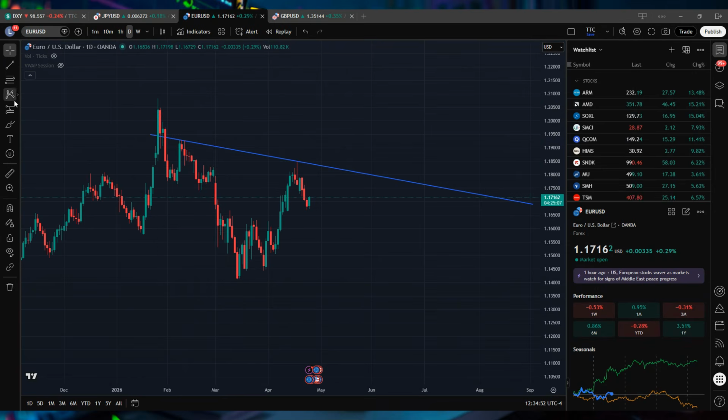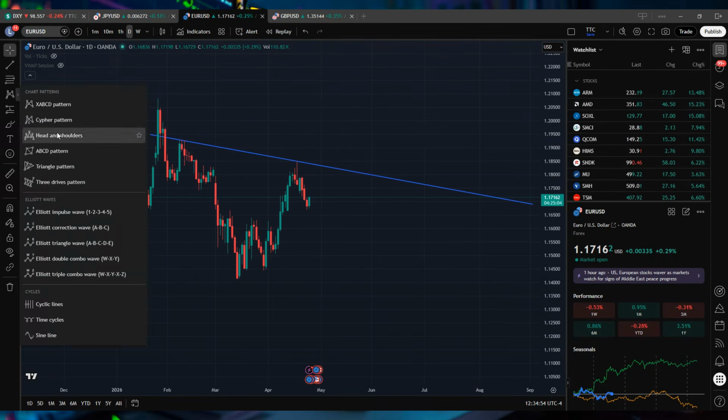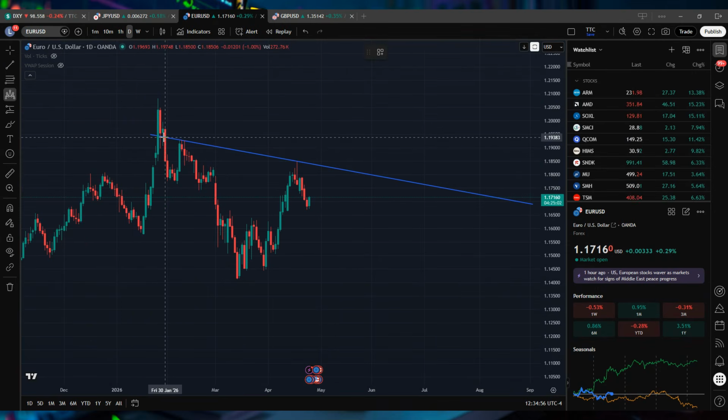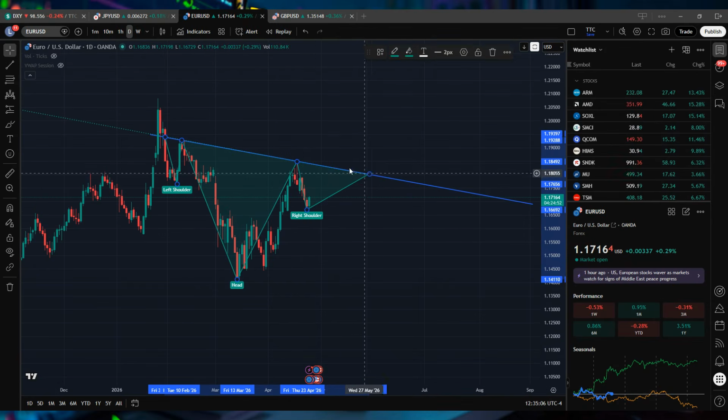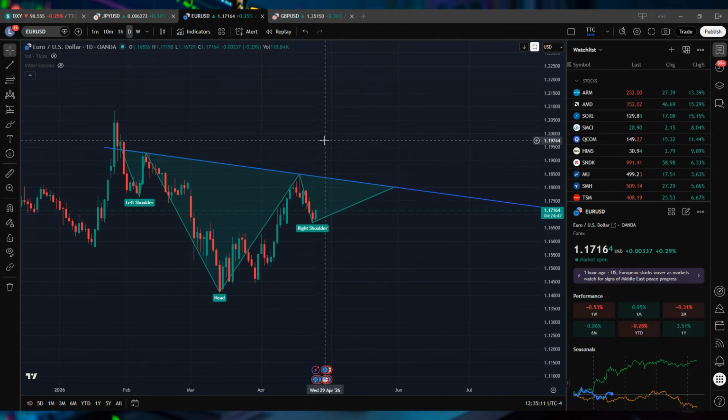And let me just display this on my chart. Something like this. So you have the left shoulder here, the head, and the right shoulder that is kind of in the middle of forming.